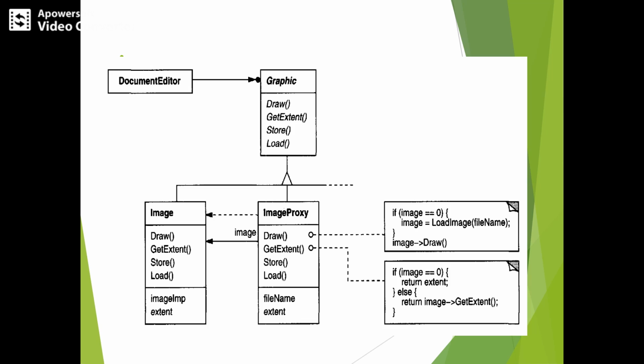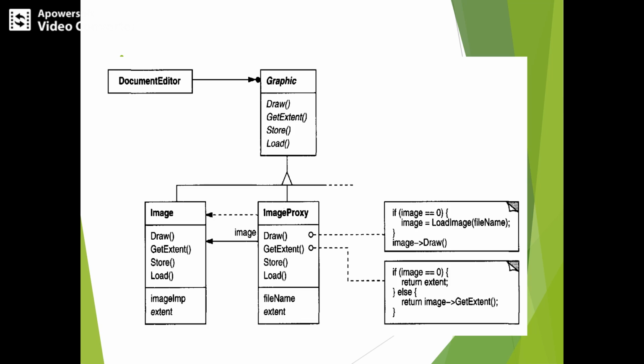We had seen load image, where we need to take the image from the disk. The image proxy also stores the bounding box of the image and a reference to the real image instance. The draw operation makes sure the image is instantiated before forwarding the request.